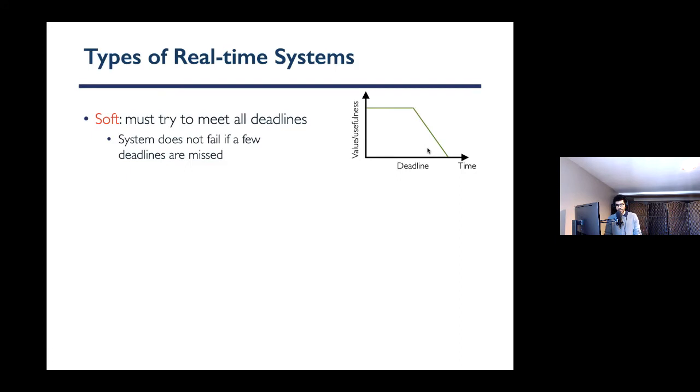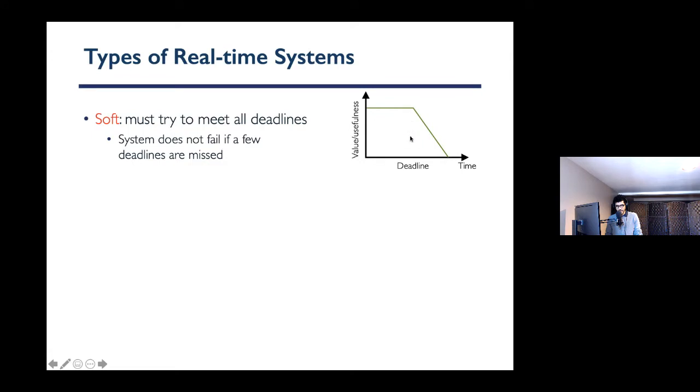So what do we exactly mean by soft real-time system? The soft actually goes with how tolerable it is to miss some task's deadline. So in this figure, in this graph, on the x-axis I have time, and on the y-axis I have the value or usefulness of running this task. And let's say this is the deadline.